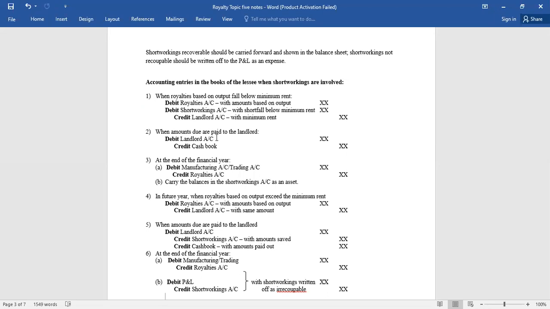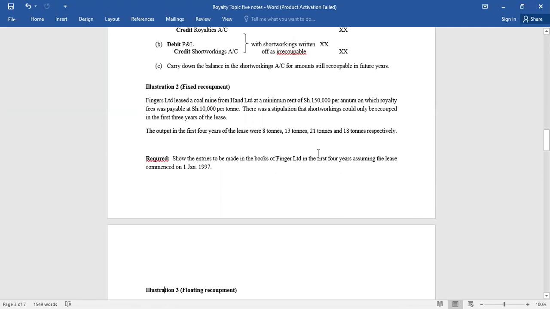So let's have an illustration and appreciate these entries. So if you go into your notes, we have the illustration, and I have two illustrations, one depicting the fixed recoupment, and we have another one that depicts the floating recoupment, so that we see how the entries are done.